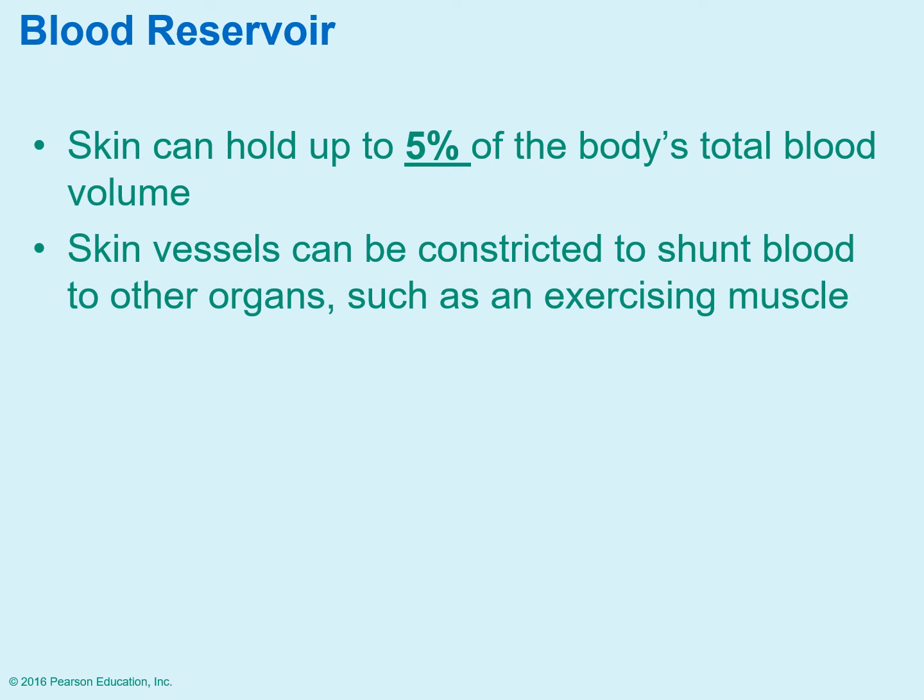As a blood reservoir, the skin can hold up to 5% of the body's total blood volume. And so when other activities are occurring, the blood vessels can either dilate or constrict to adjust for the blood flow.